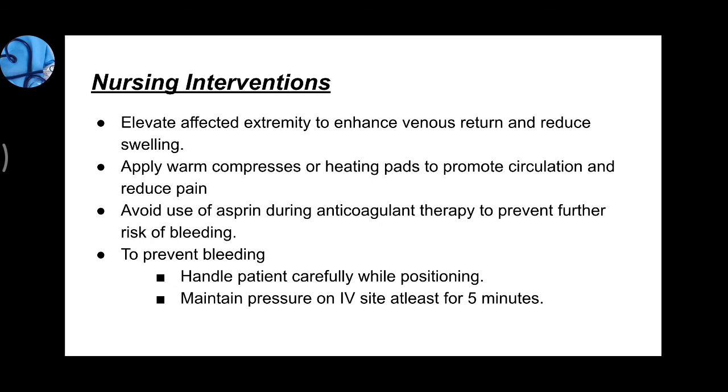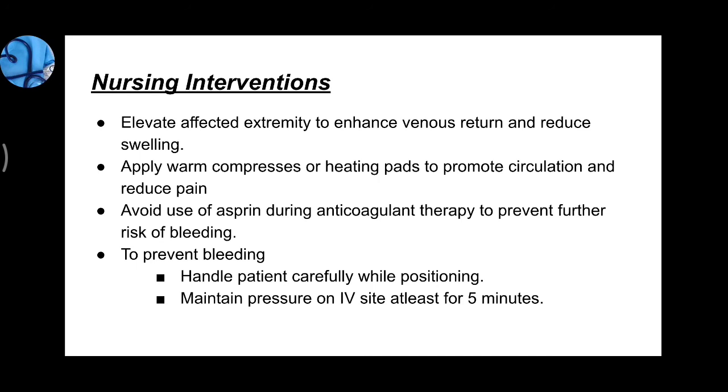Now let's see what the nursing interventions are. Elevate the affected extremity to enhance venous return and reduce swelling. We discussed it before. Apply warm compresses or heating pads to promote circulation and reduce pain. Avoid use of aspirin during anticoagulant therapy to prevent further risk of bleeding.